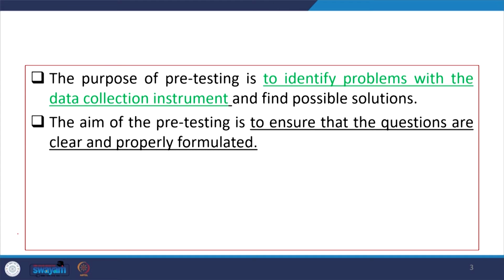The purpose of pre-testing is to identify problems with the data collection instrument and find possible solutions. This pre-testing gives us a direction about the problems of the research and the data collection instrument.